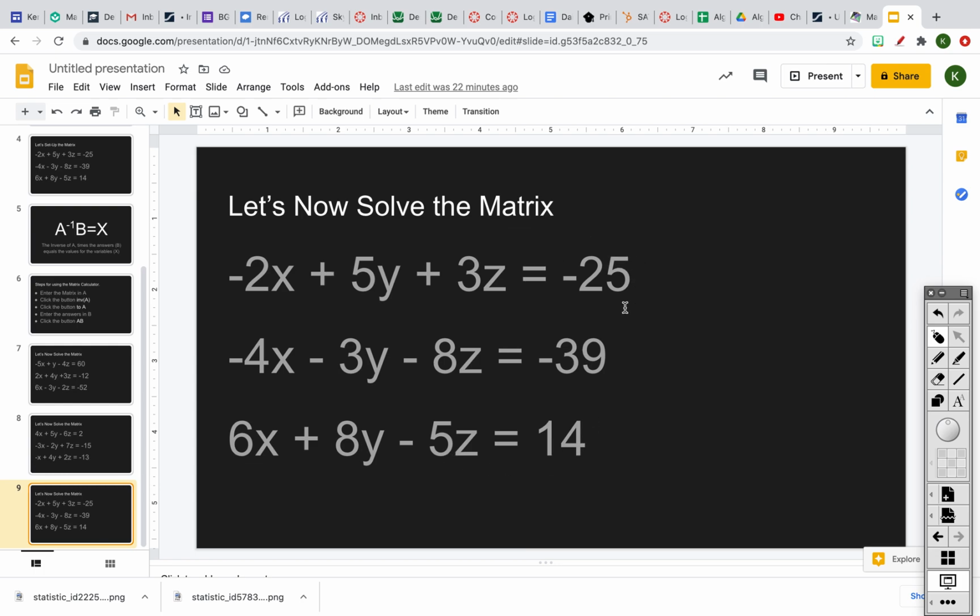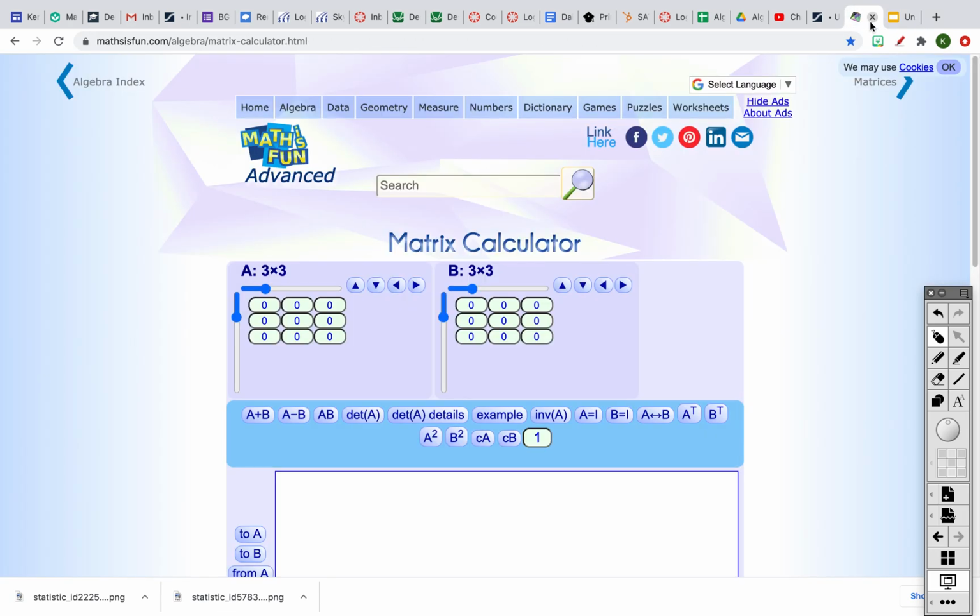B is going to be -25, -39, and 14. It's already blank. Step 1 is to enter the matrix into A. So -2 tab, 5 tab, 3 tab, -4 tab, -3 tab, -8 tab, 6 tab, 8 tab, -5.